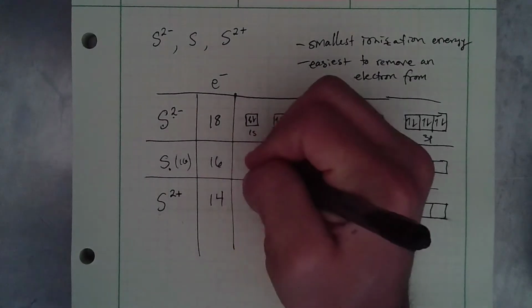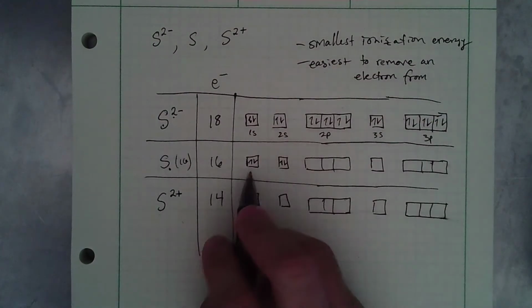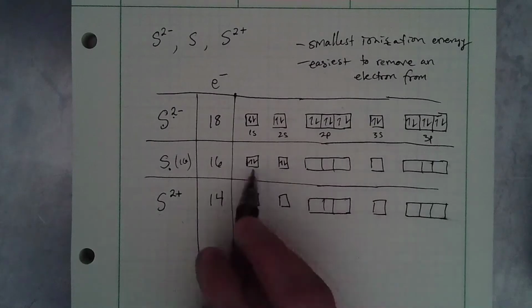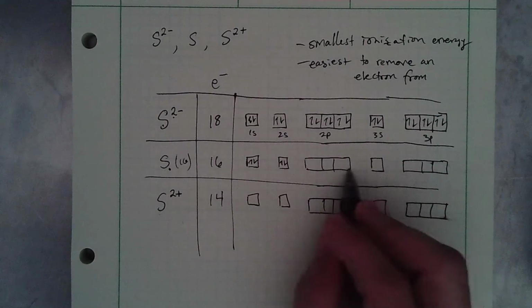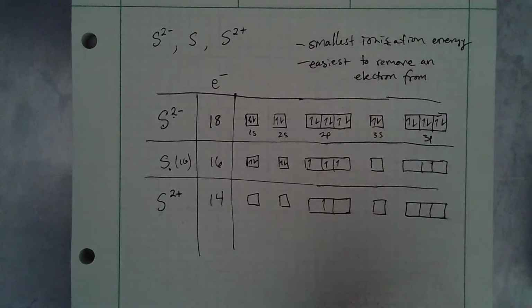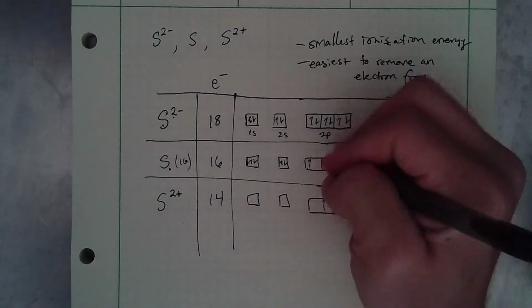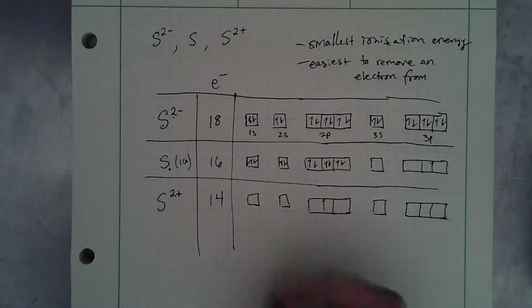All right, and notice how I put these arrows in. It's easy for the 1s and 2s orbitals, but when you get to the 2p orbital, the rule is you just have to do it one box at a time. Then once each box has an electron, you can go through and fill in the others, pairing them up.